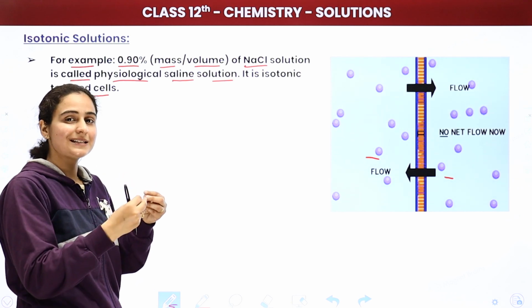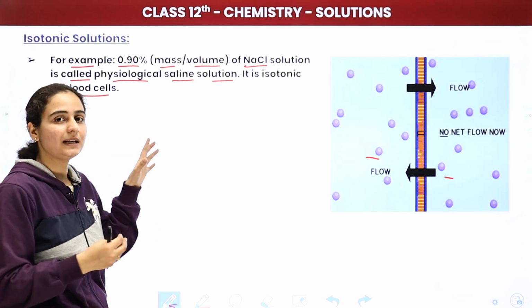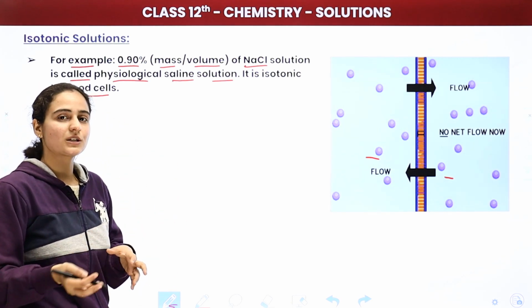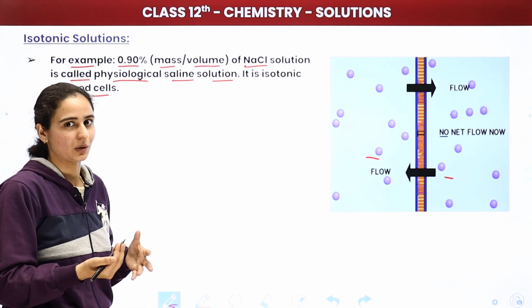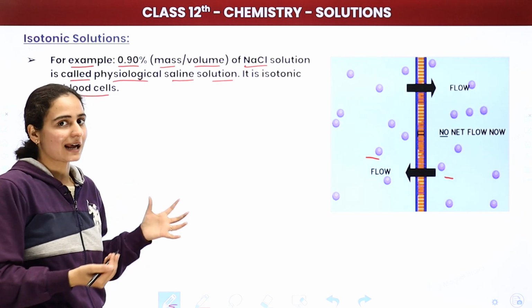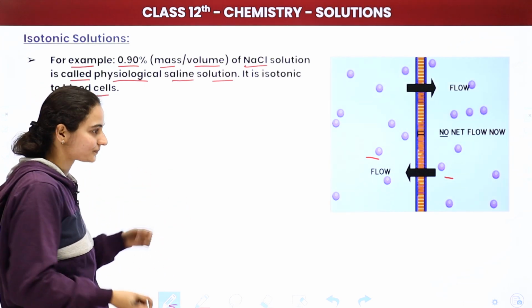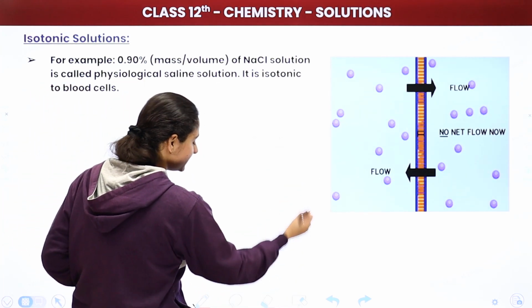So if we keep blood cells in 0.9% m by v salt solution, then there will be no movement of solvent molecules. That is known as isotonic solution. Let's move forward.